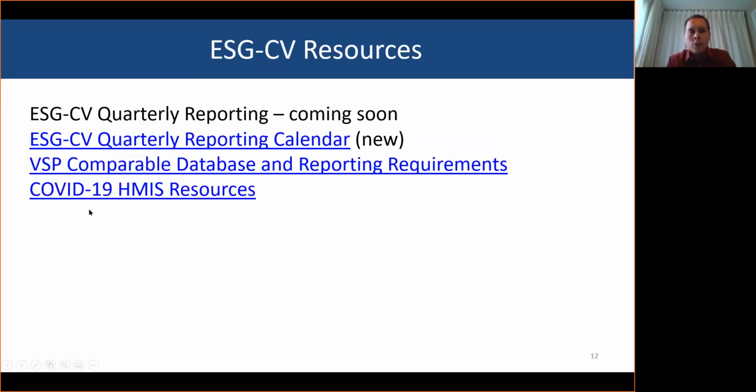HMIS lead, when are you involved with aggregating and bundling? So it has a calendar that goes over those things, and we strongly encourage you to use it. It's the type of thing where you print it on the wall and say, oh, it's September, I know reporting's coming up, when do I need to do something? And it has it in calendar form, so you know when you need to do something. We'll put those links in the chat.